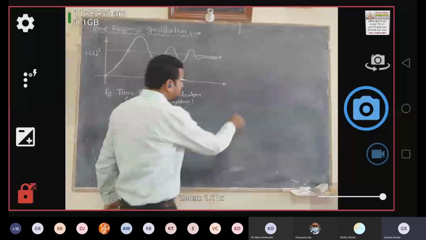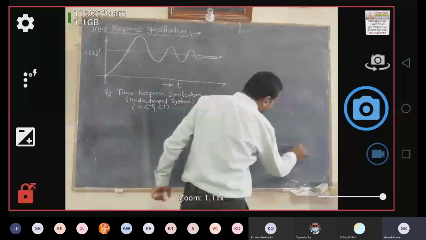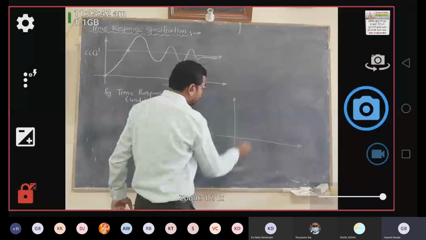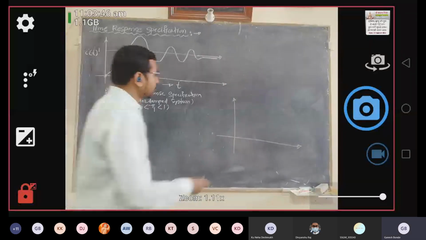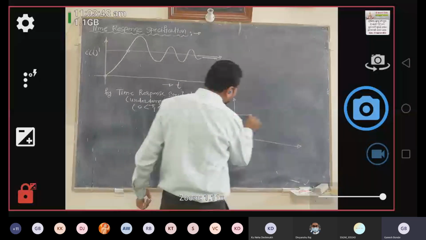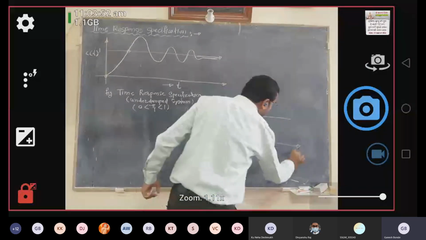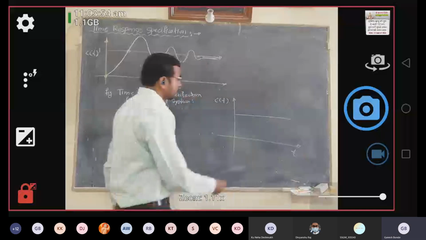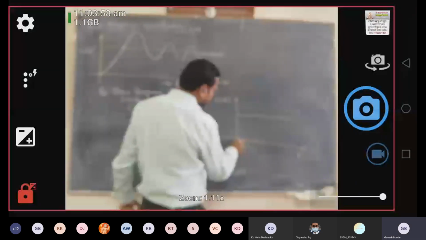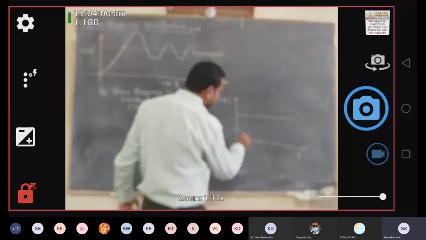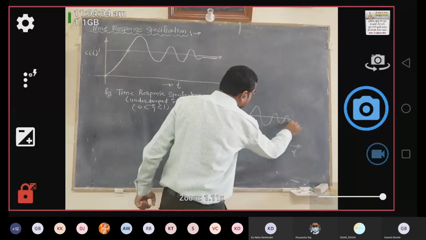if you see the time response of second order control system with different values of zeta, the time response is nothing but a graph of c(t) versus time t. For zeta less than one and greater than zero, we get the time response plot like this.